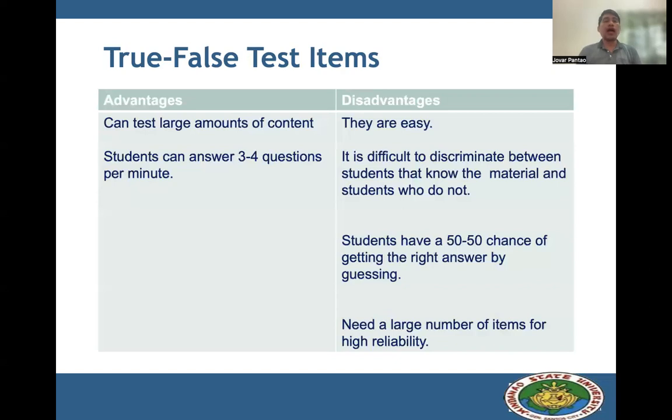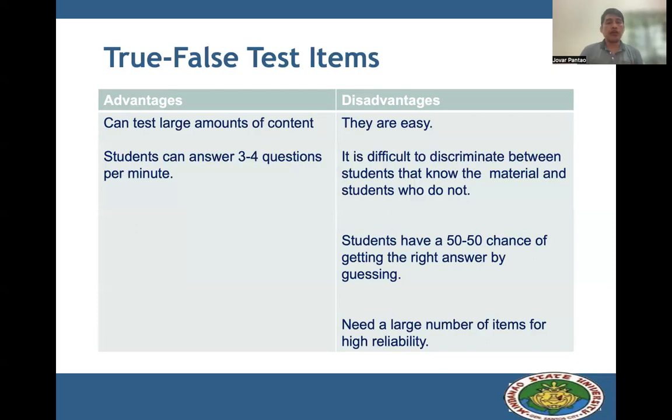Now, there are advantages and disadvantages when you're going to use true or false items to assess the learning of your students. One is that, as what I mentioned, this is not time consuming in preparation, and that teachers can test a large amount of content with the use of this type of test.